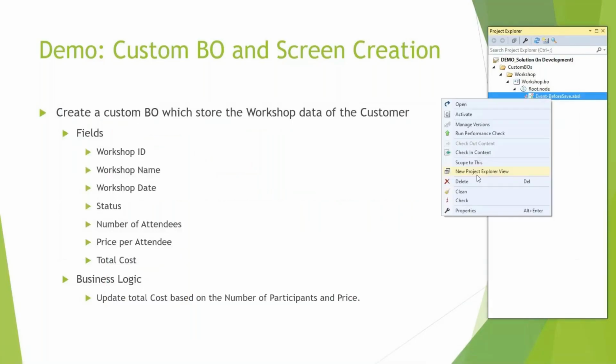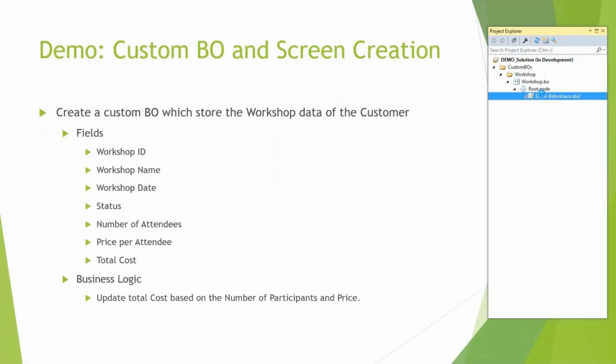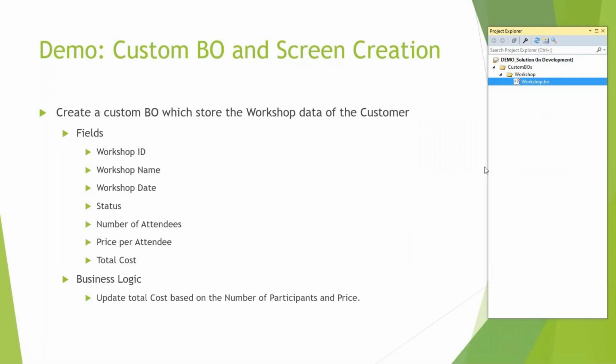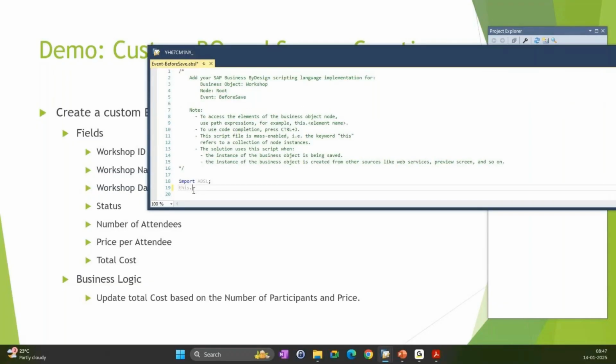Let's say I enable mass enabled. Here this refers to a collection of objects, so you can see get first or get by index.